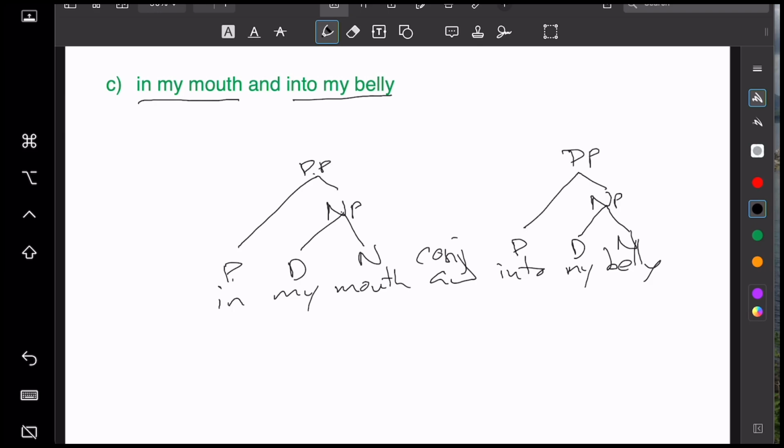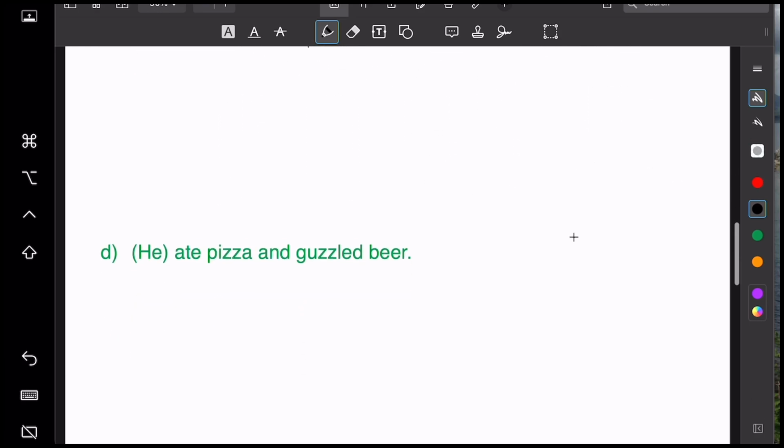Now we have two identical categories, a PP and a PP, and we have a conjunction between them. What we're allowed to do in that circumstance is construct a third one right on top, and that gives us our conjoined prepositional phrase.